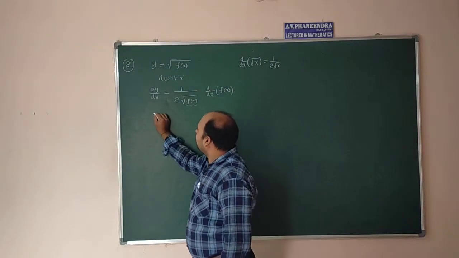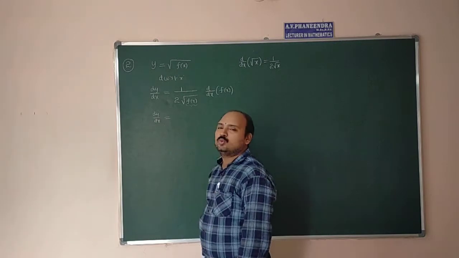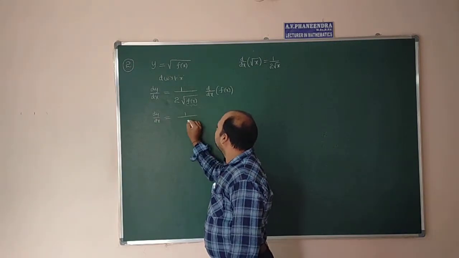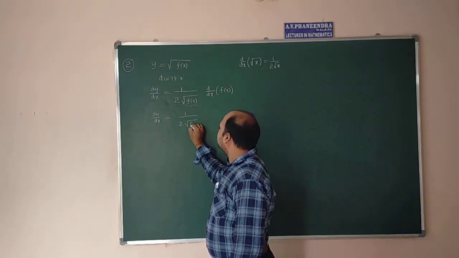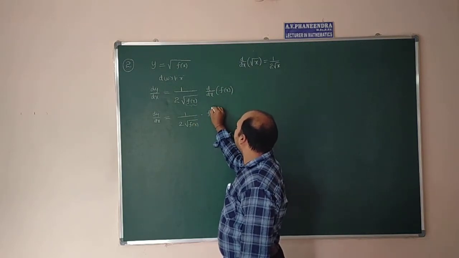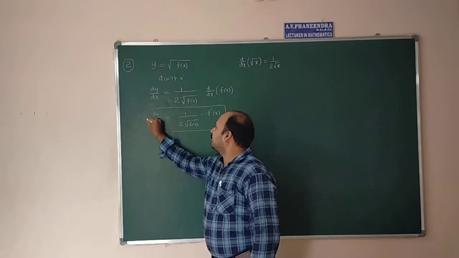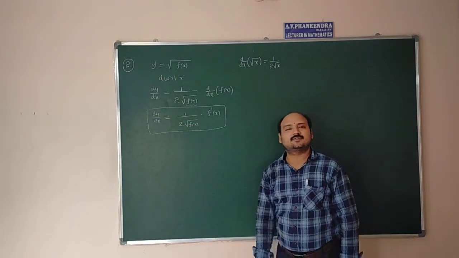So the answer becomes dy by dx is equal to 1 by 2 into root f of x, into d by dx of f of x, which is f dash of x. So the answer is f dash of x by 2 root f of x.